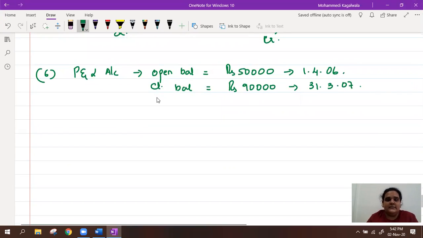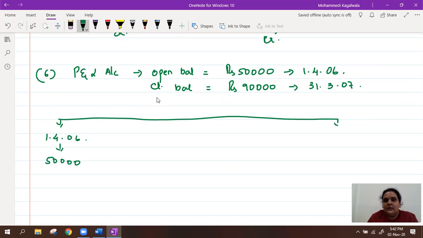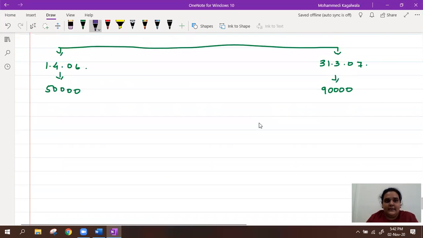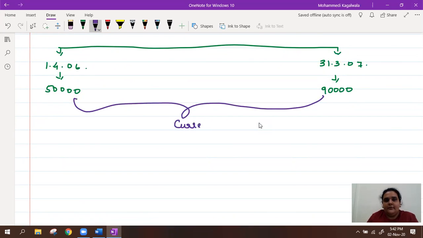How will you understand what is pre and what is post? Very simple. See, this is 1st of April 2006, rupees 50,000. When my year closed on 31st of March, I am standing at rupees 90,000. So basically my current year's profit is equal to 40,000.